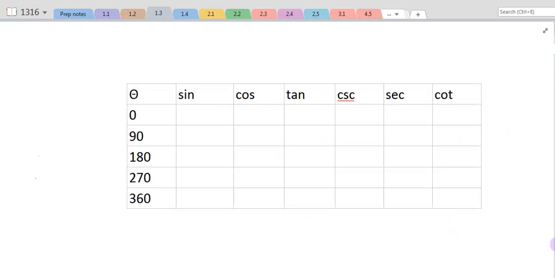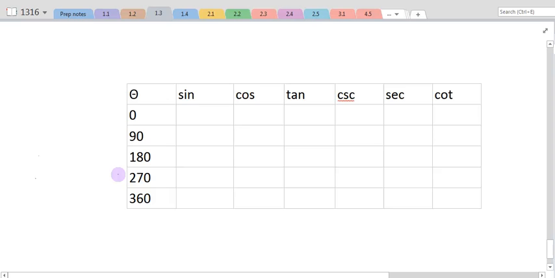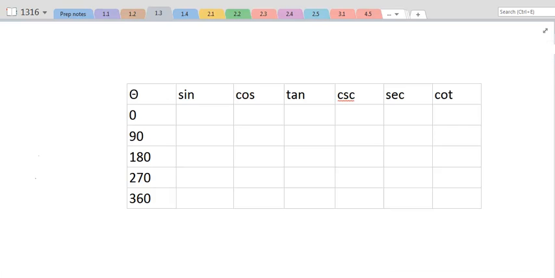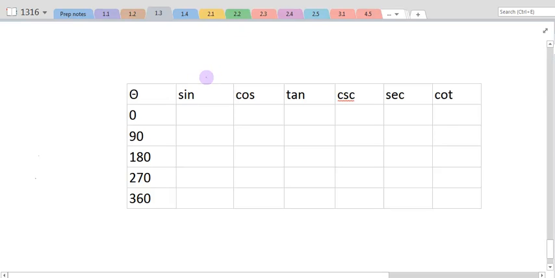Now, because we are starting to slowly memorize the trig functions and certain values for the trig functions, there's an empty chart here that I want you to take the time to fill in. And what the chart says is that if I take the sine of 0, I get back what? Well, remember that when I take the sine of a function, I'm looking at y over r.